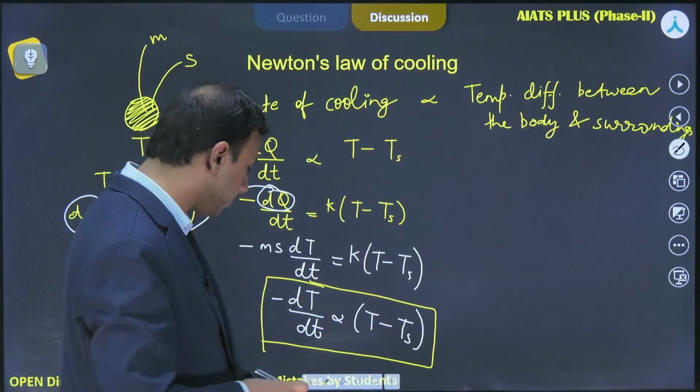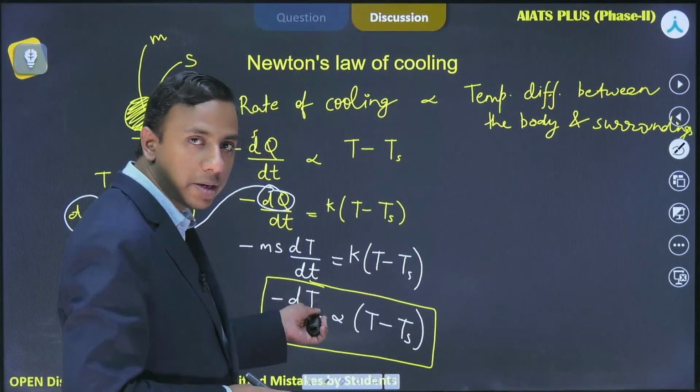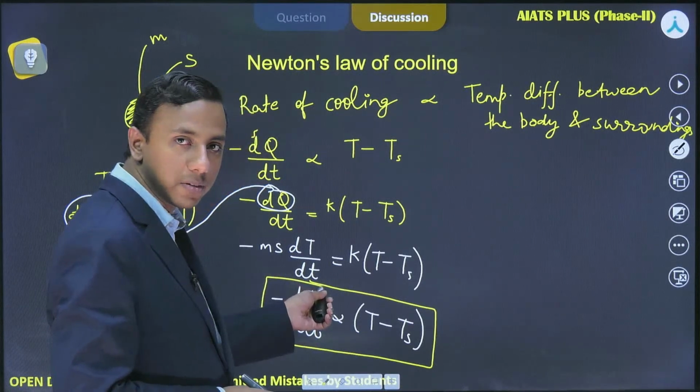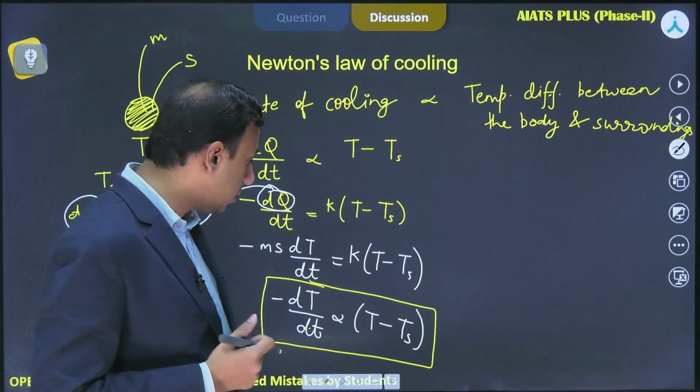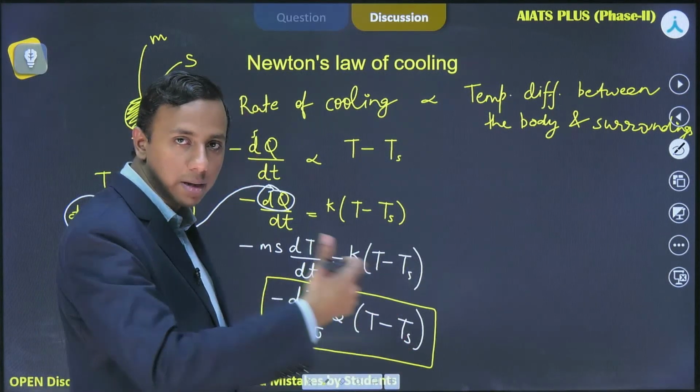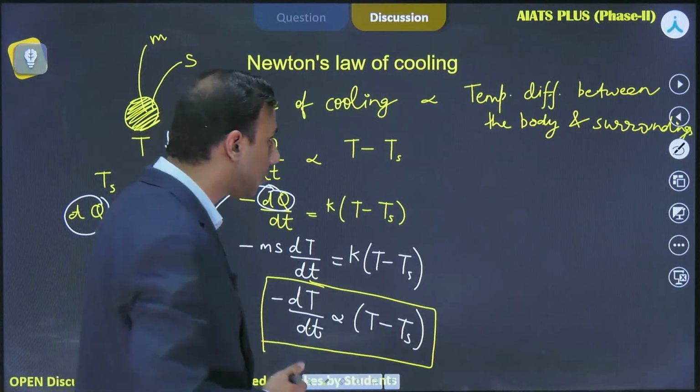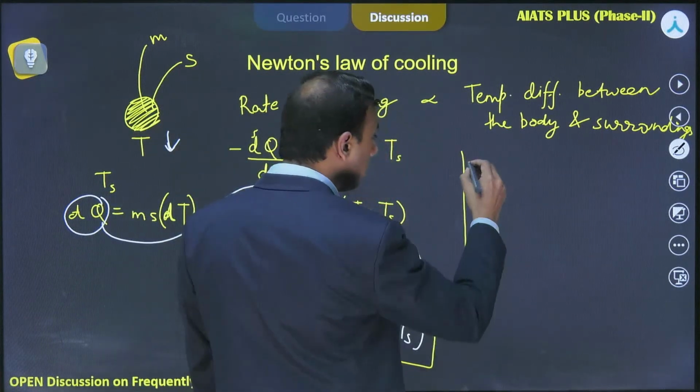See how? This dT, I can write it as change in temperature. This small dt, I can write it as time taken. And this is the temperature difference between body and surroundings. So if you want, I can conclude over here.